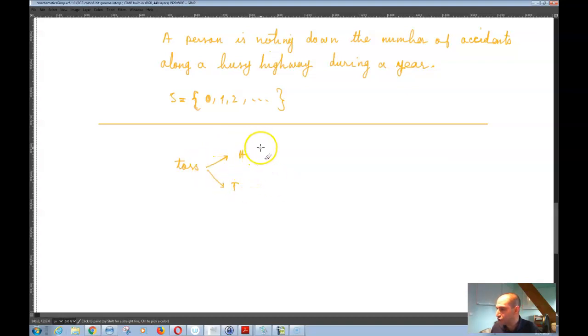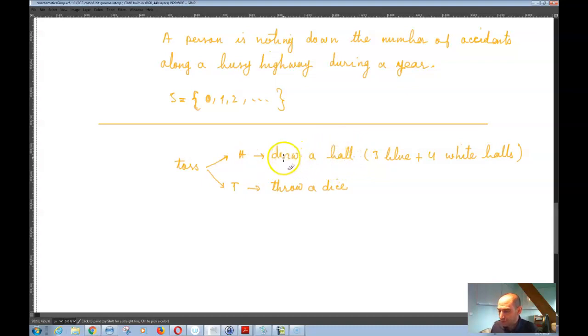If it shows heads, we draw a ball from a bag consisting of 3 blue and 4 white balls. And if it shows tails, we throw a dice.